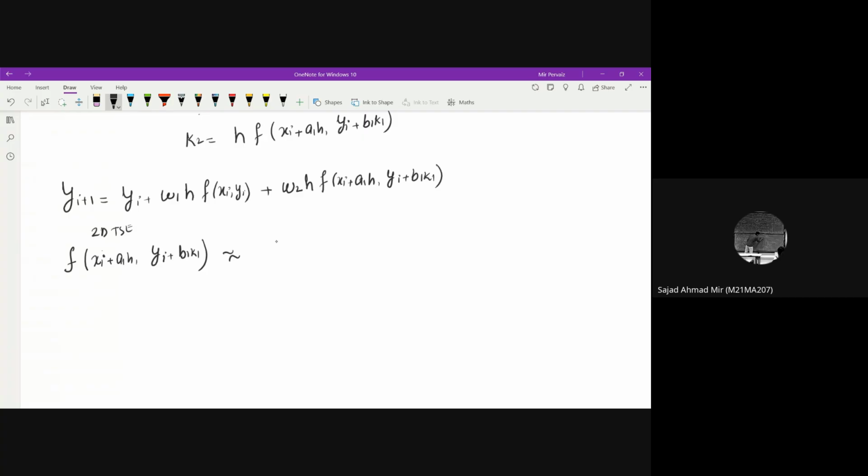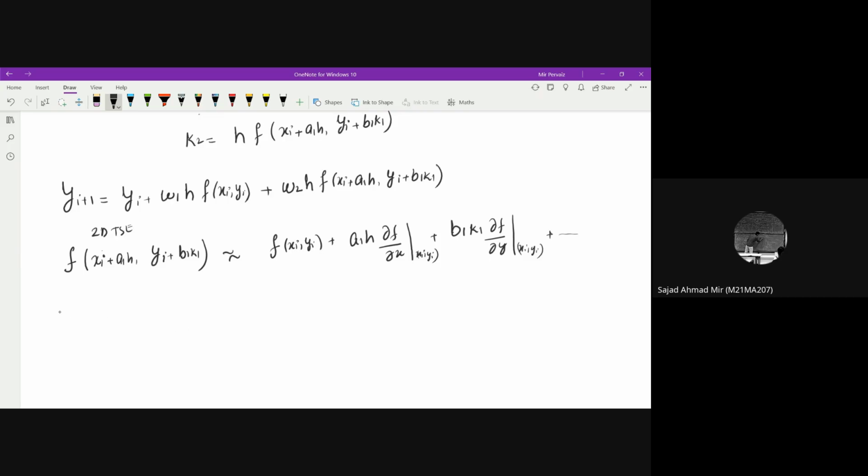It will be f of xi, yi plus a1h del f by del x at the point xi, yi plus b1 k1 del f by del y at the point xi, yi plus so on. Many higher order terms will be in the Taylor series approximation of this function.